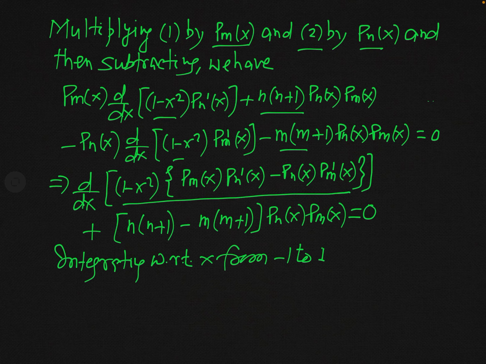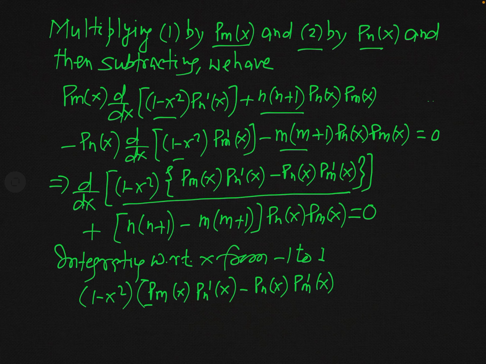So we will directly write it here: 1 minus x square into Pm of x into Pn prime of x minus Pn of x into Pm prime of x, and the limits are minus 1 and plus 1.